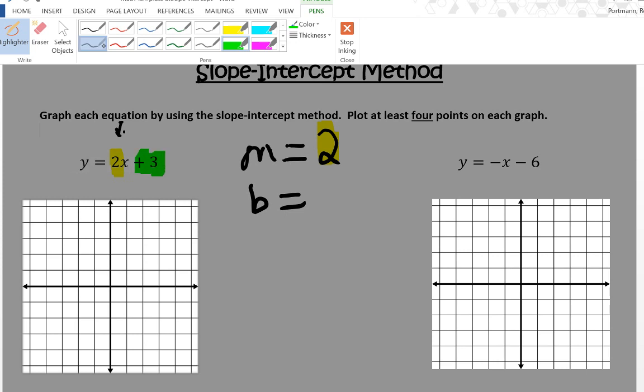Now look, one thing I wanted to point out, the form says y equals mx plus b. That very well could be y equals mx minus b. This plus sign is interchangeable.